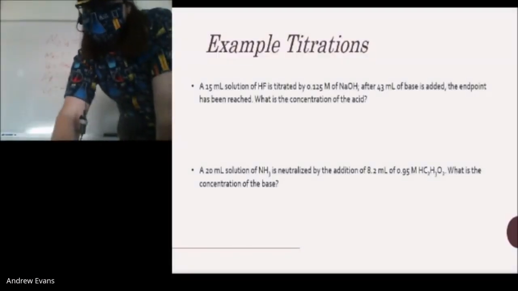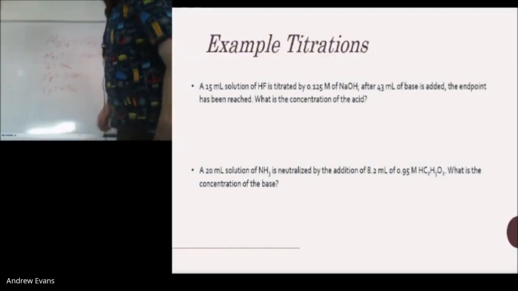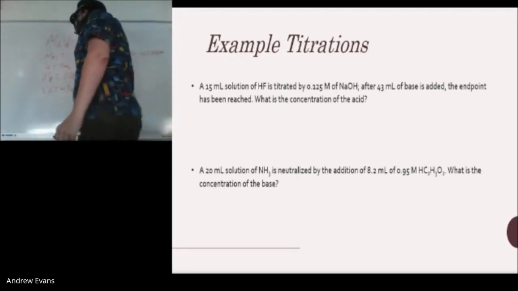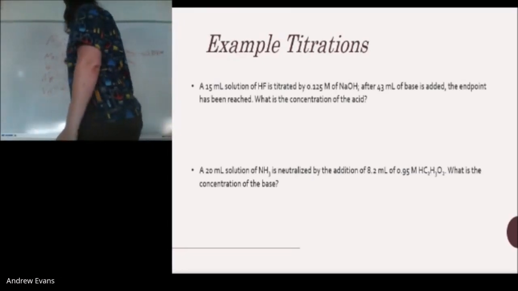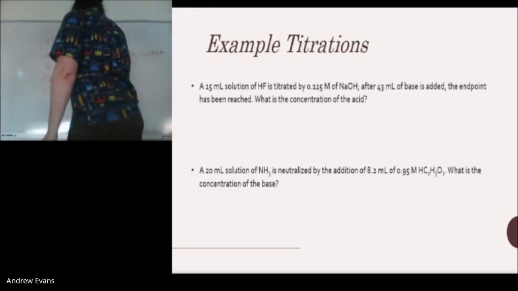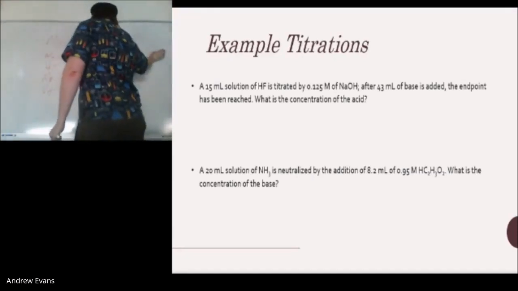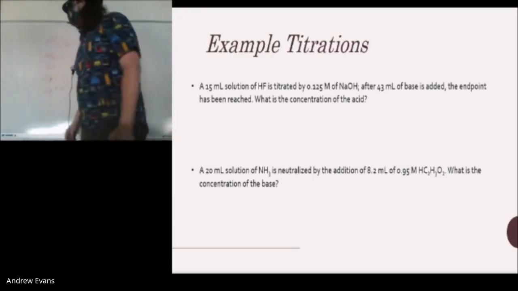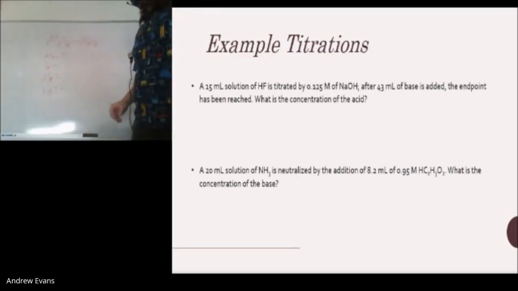Jumping back, problem 2. The second question: a 20 mL solution of NH3, which is technically the base, though you may not know that, is neutralized by the addition of 8.2 mL of 0.95 molar HC2H3O2, which is acetic acid, which is vinegar.